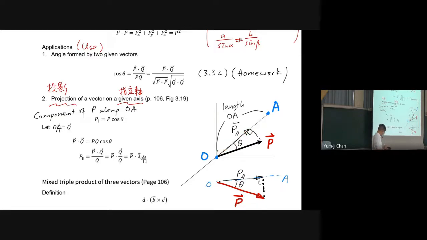Now, we begin from here. P dot Q equals PQ cosine theta, and P parallel is equal to P cosine theta, therefore it is equal to, we put Q to the left. So we have this thing, because we are simply putting Q to the left.